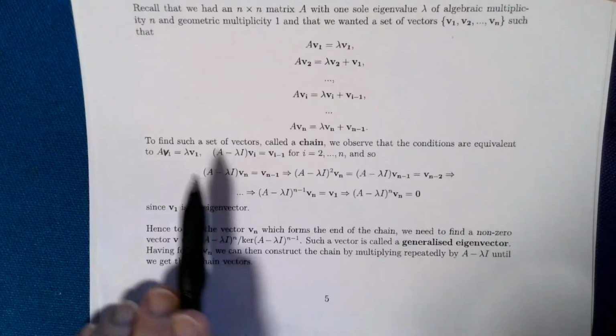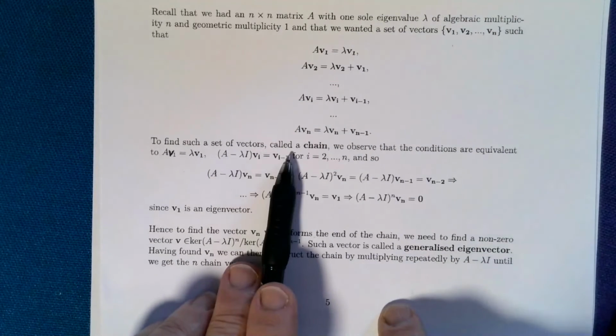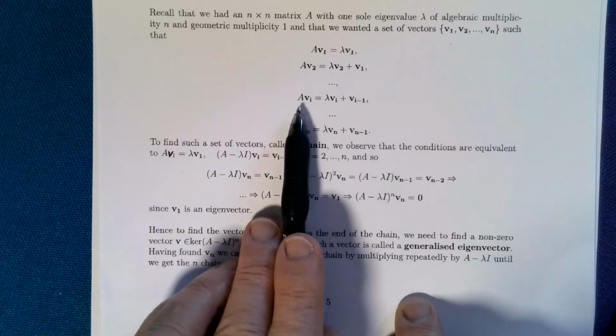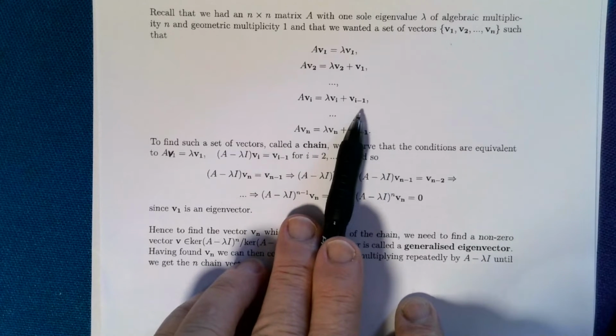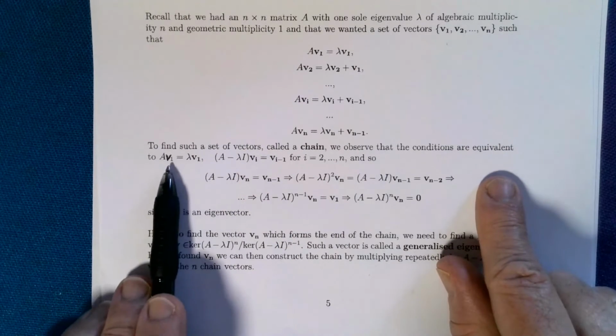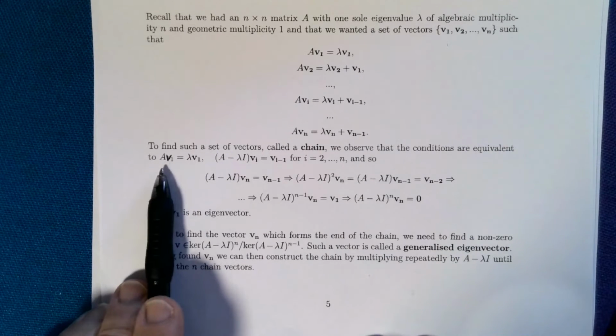So to find such a set of vectors, which we're going to call a chain, we look at the general condition on the vector vi. These conditions are equivalent to, firstly, we need v1 to be an eigenvector, which is easy to find.